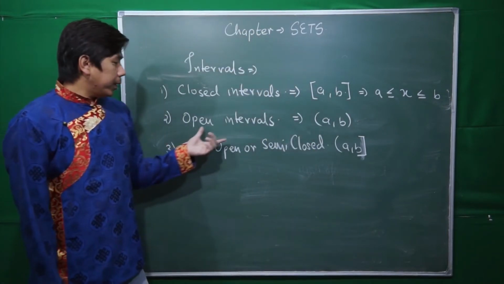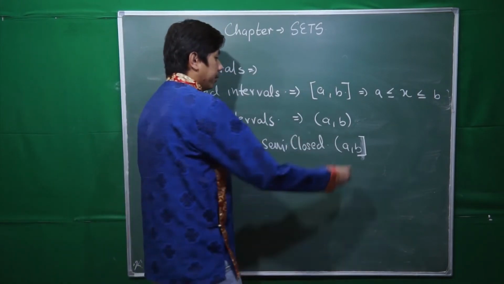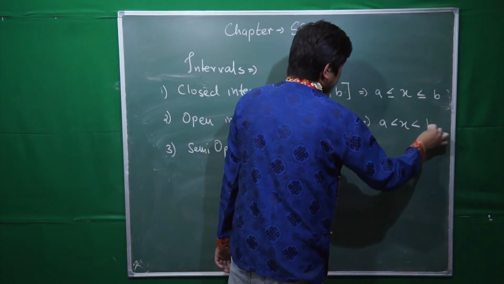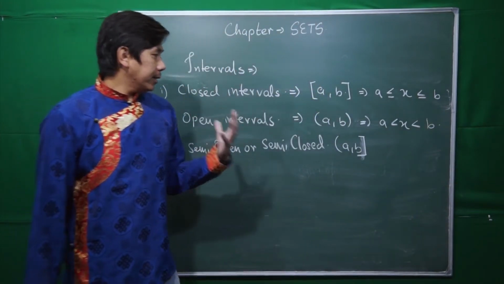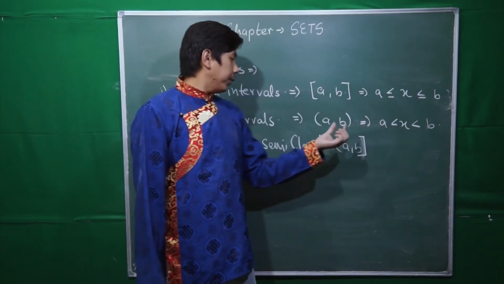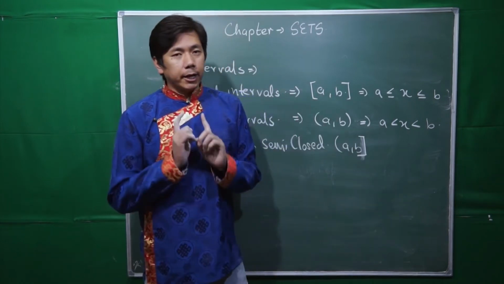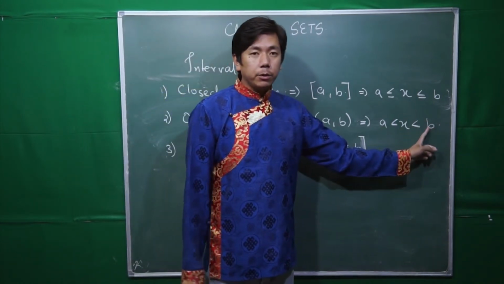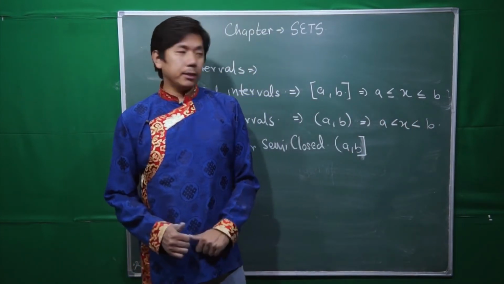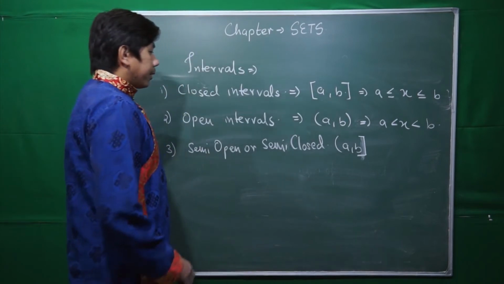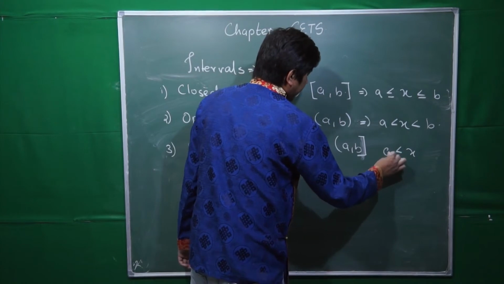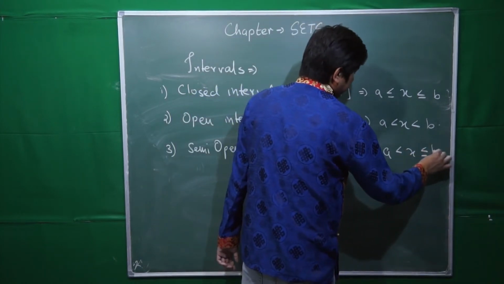For the second condition where open interval is concerned, we write x is greater than a but less than b. So, in this statement, x is a value between a and b, but it cannot be equal to a, it cannot be equal to b, however, a certain value between a and b. Alright, is it clear? And for the last one, it states that the x value is greater than a, but less than or equal to b.